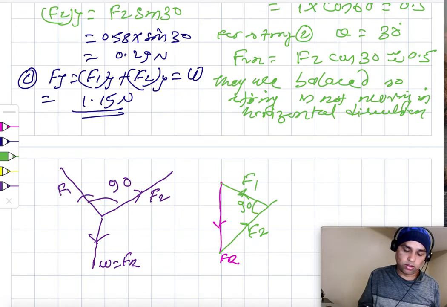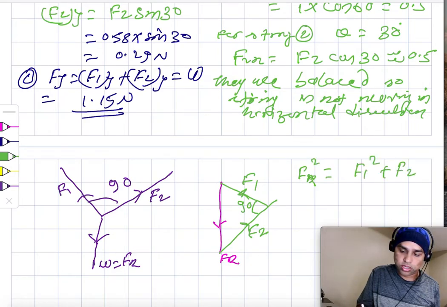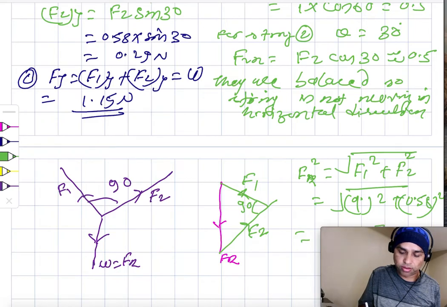In the triangle, we see that FR squared equals F1 squared plus F2 squared. This is going to be 1 squared plus 0.58 squared, which gives 1.15 Newton.